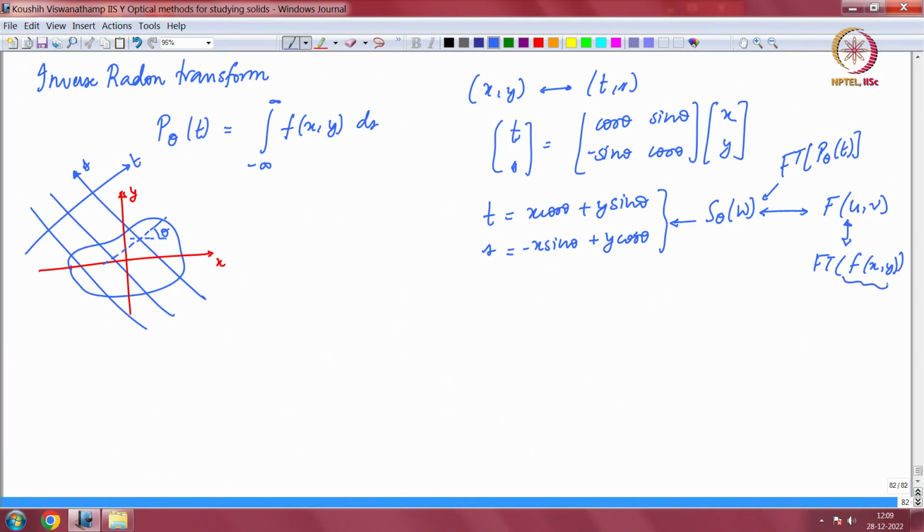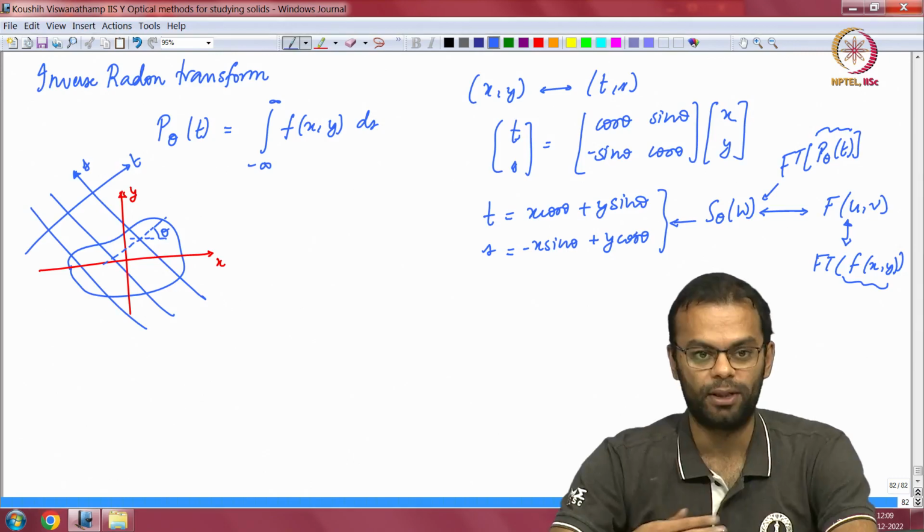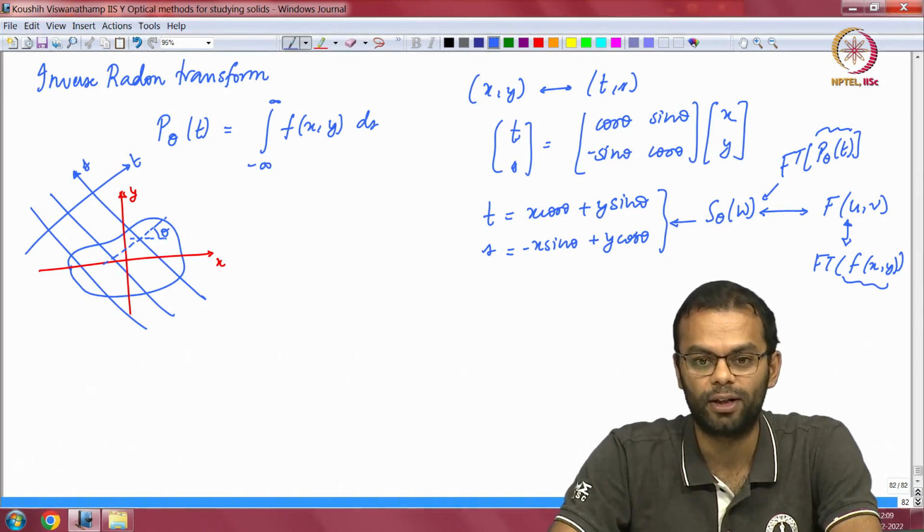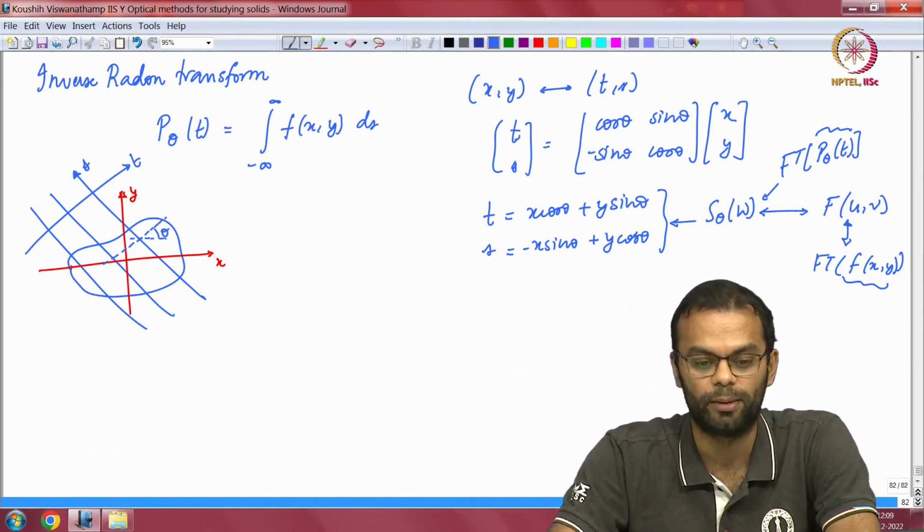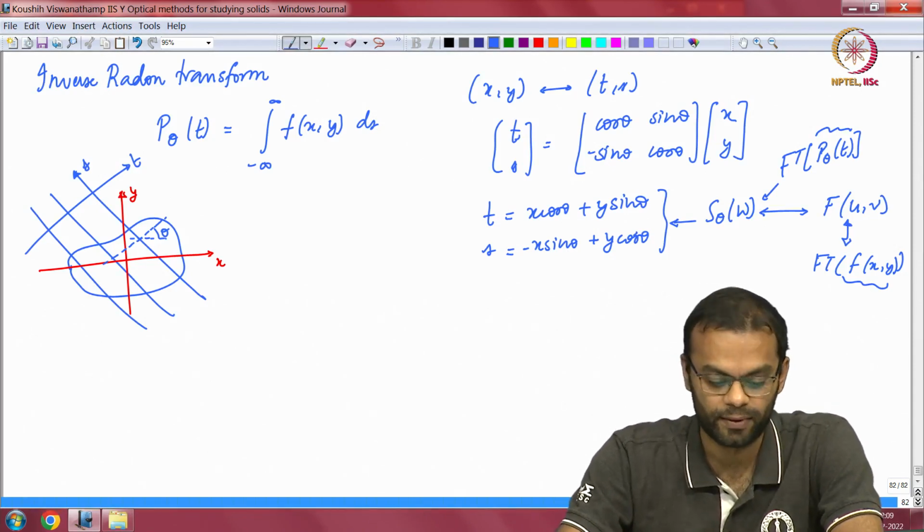So we want to get small f, we have measured p theta, so we can take a Fourier transform of p theta and relate that to the Fourier transform of f. Then we can invert the Fourier transform of f and get f. That is a slightly long winded approach, but it is basically what we will do. Right now this might seem a little bit mathematical, but once I show you what these things look like, it will be clearer, and hopefully you will be able to appreciate some of these transformations.